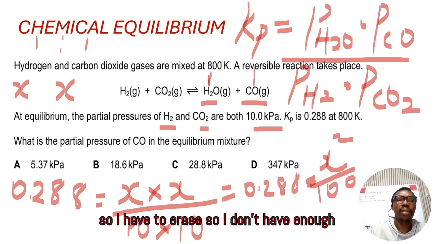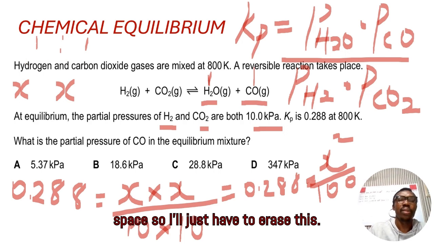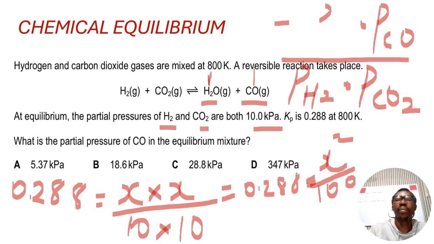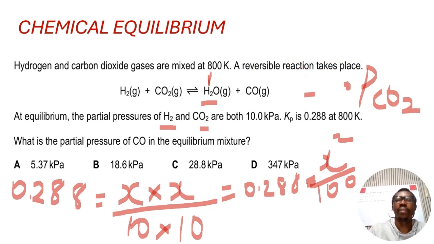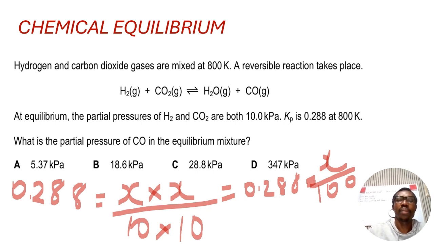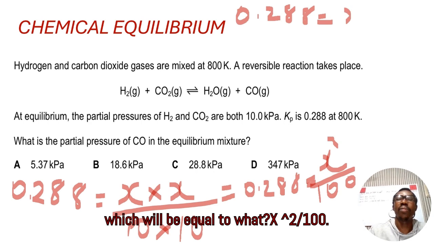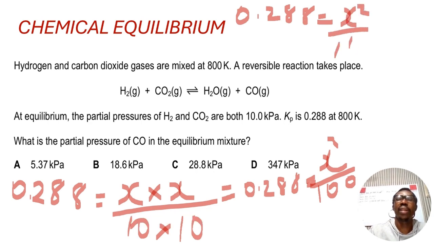So I have to erase this so that I'll have enough space. So we now have 0.288 equal to X squared over 100.